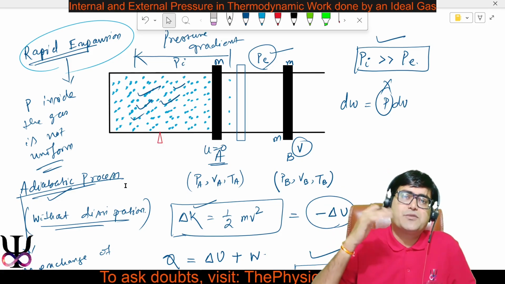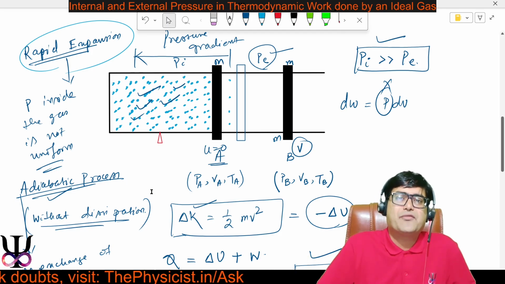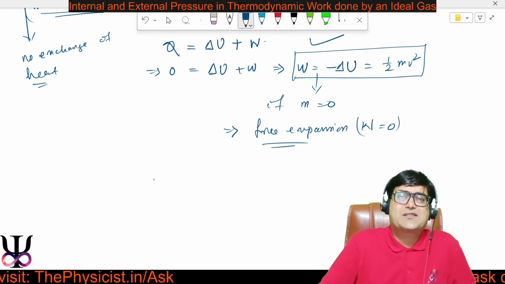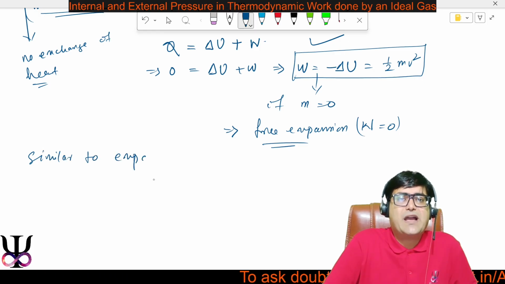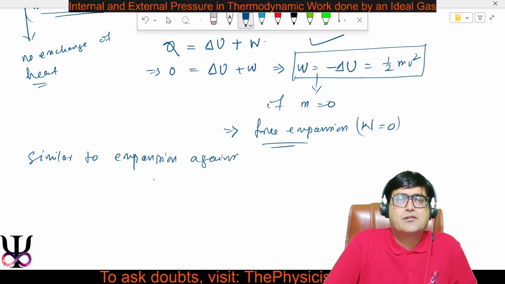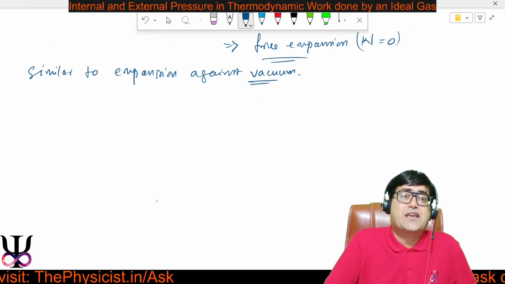If the mass of the piston is zero, it means simply one thing: this situation is similar to expansion against vacuum. This is the same as expansion against vacuum, right?